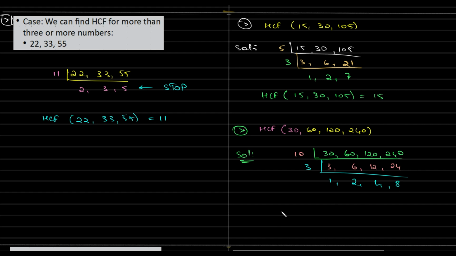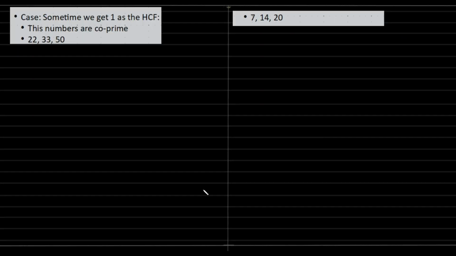There's no next step, so we stop here. The HCF of 30, 60, 120, 240 is 30, product of 10 and 3. Again, we could have started with 30 directly, and you need not have bothered with 10 and 3.